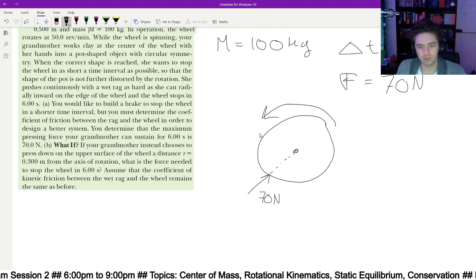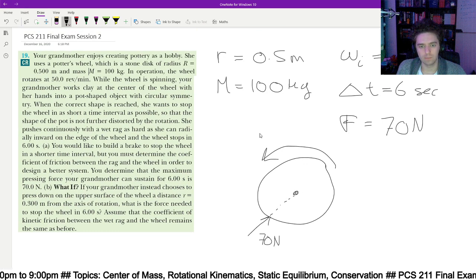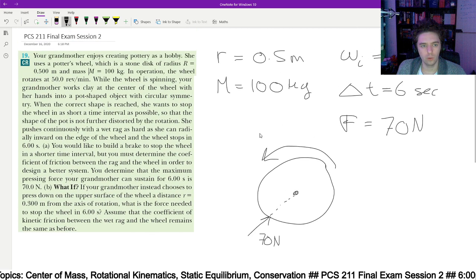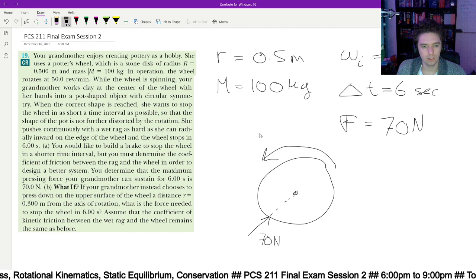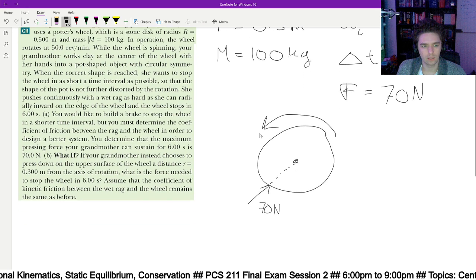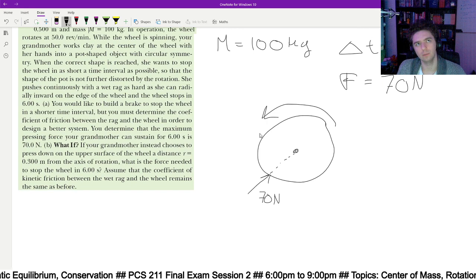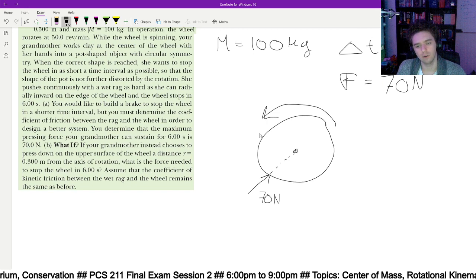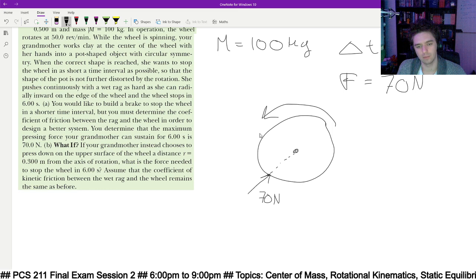So 70 newtons inward. We're determining it takes 6 seconds to stop with that force. So how is it slowing down? When you put a force like that, there's the reactive force coming back out, but that's not that important.